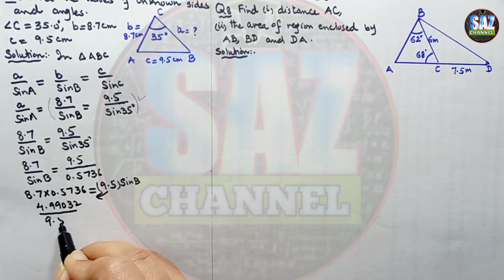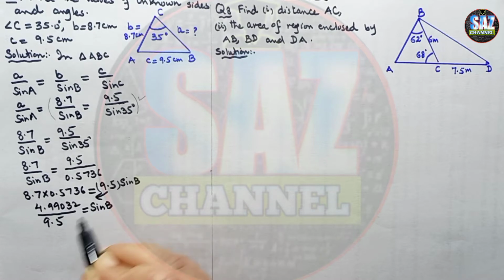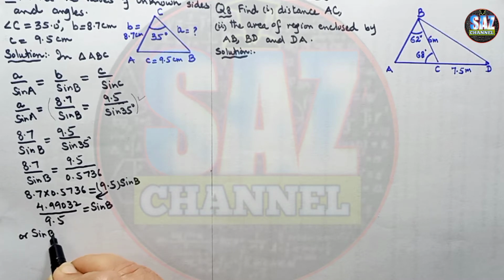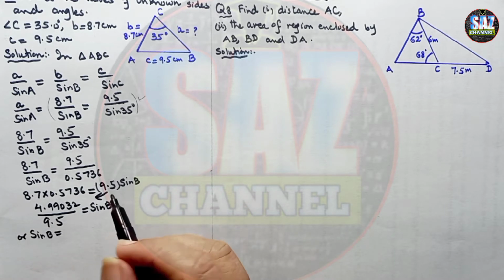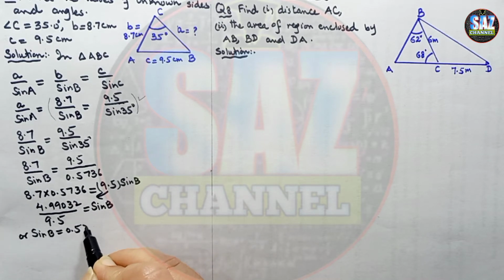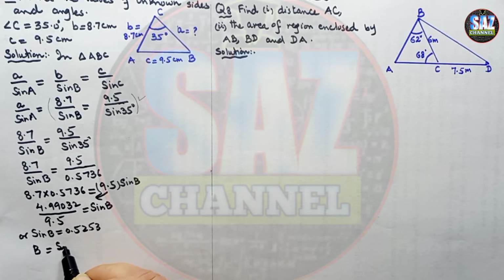Divided by 9.5 equals sine B. So sine B equals 4.99 divided by 9.5, which is 0.5253.